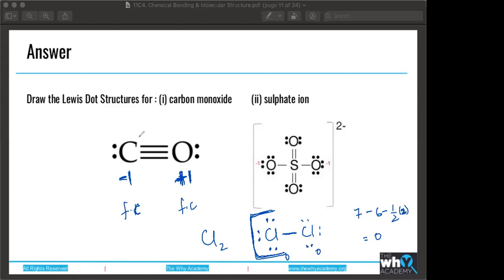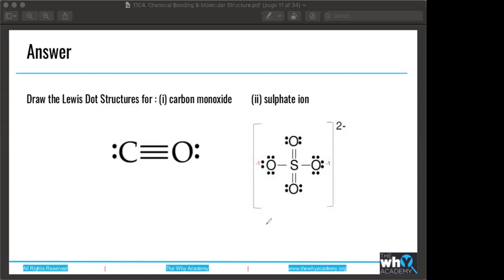Basically oxygen is sharing one of its lone pairs with carbon. So it's unevenly shared in the case of carbon monoxide. It gives you an idea of whether the electron pairs are perfectly evenly shared, or whether the sharing is uneven.